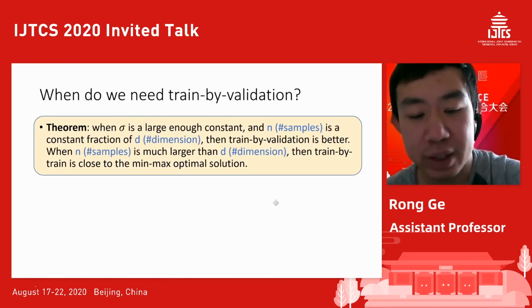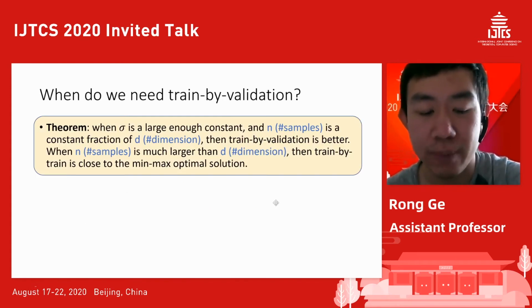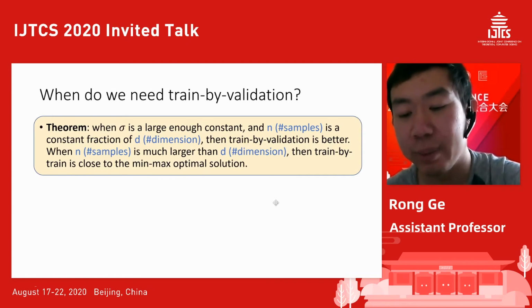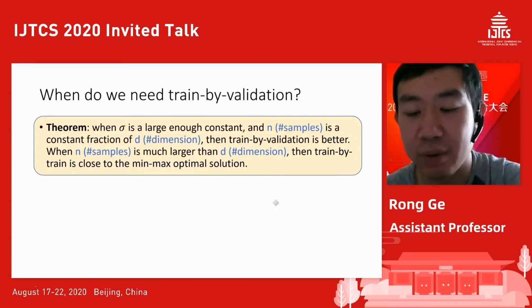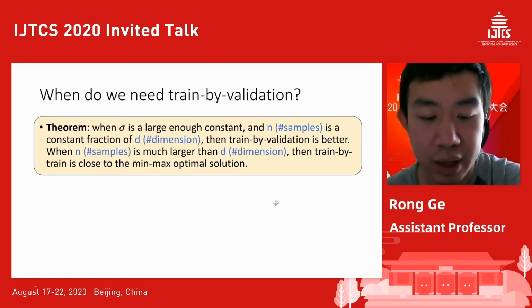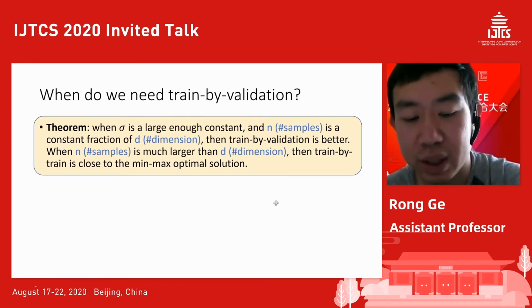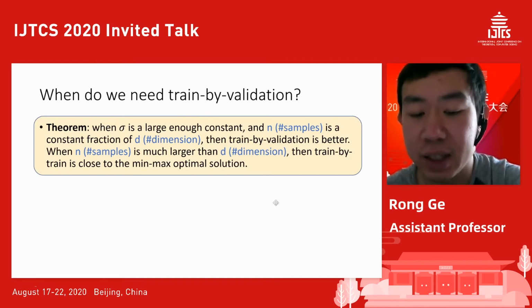So what can we show in this case? When do we need train-by-validation? We actually have a complete characterization for the least squares setting that we are in. We can show that when sigma is a large enough constant, and when the number of samples is a constant fraction of the number of dimensions, then train-by-validation is actually better.